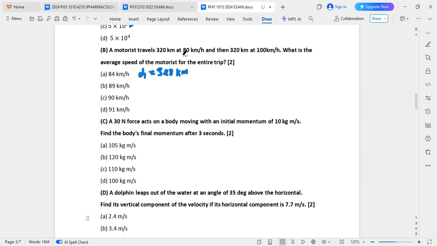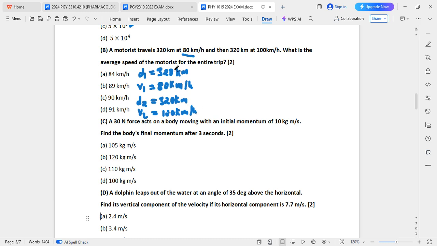This distance was traveled at this speed, so we can call that our v1, which is 80 kilometers per hour. The second distance is 320, so that is going to be d2, 320 kilometers. And that was traveled at a speed v2 of 100 kilometers per hour.